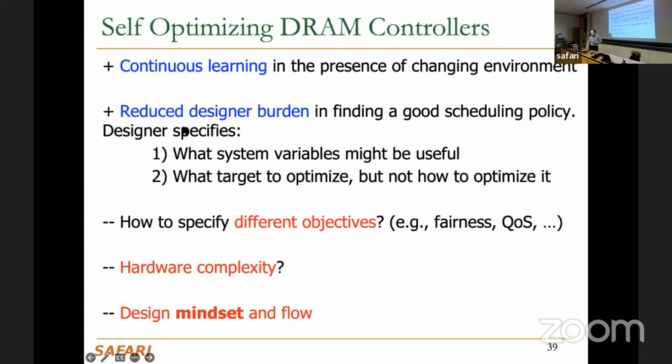The other benefit I see is you reduce the designer burden in finding a good scheduling policy. Now the designer doesn't need to find a good scheduling policy. They just need to find the good system variables that could be useful for the hardware to find its own scheduling policy. They also need to find the reward function, which is what target to optimize, but not how to optimize it. I think this is the role of machine learning.